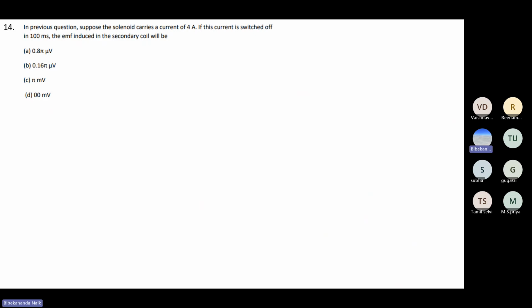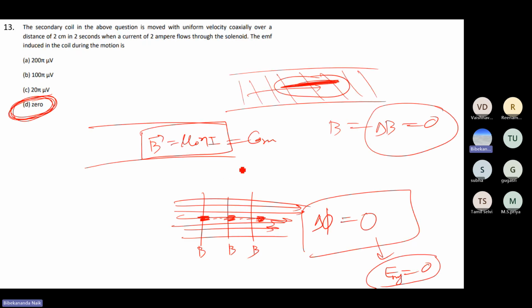The question says, suppose the solenoid carries a current of 4 ampere. If this current is switched off in 100 milliseconds, the EMF induced in the secondary coil will be? In the previous case, the current was constant, 2 ampere flowing through the solenoid.